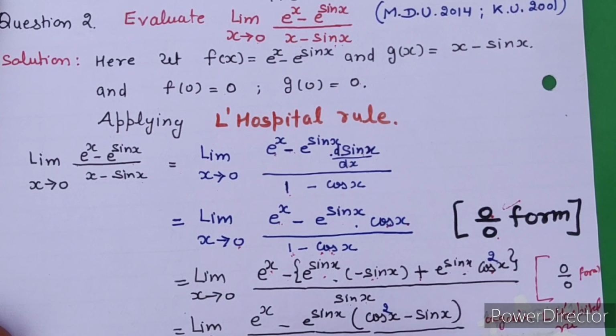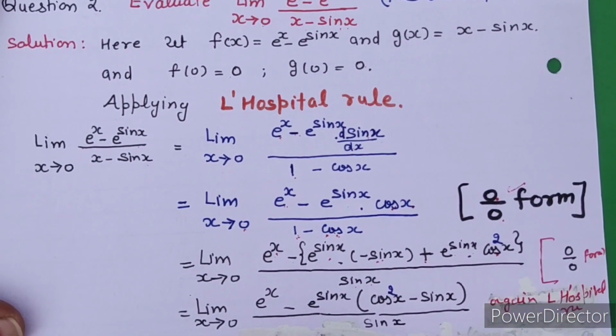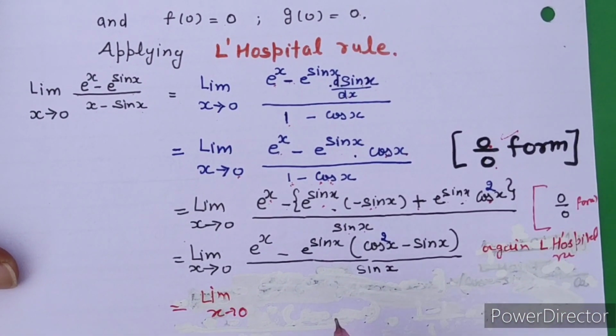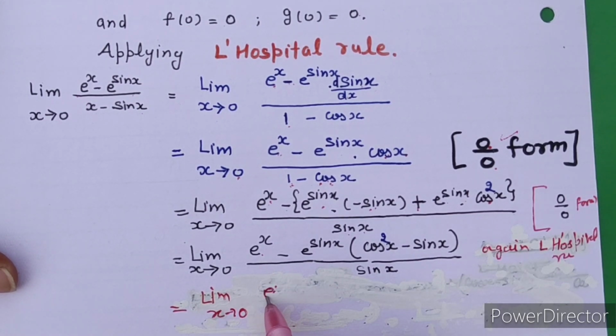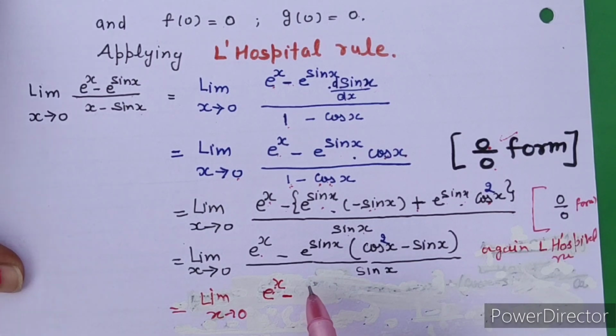So differentiate this with respect to x. So this is limit x tends to 0. So what will the derivative of e^x be? e^x, minus this is e^(sin x).